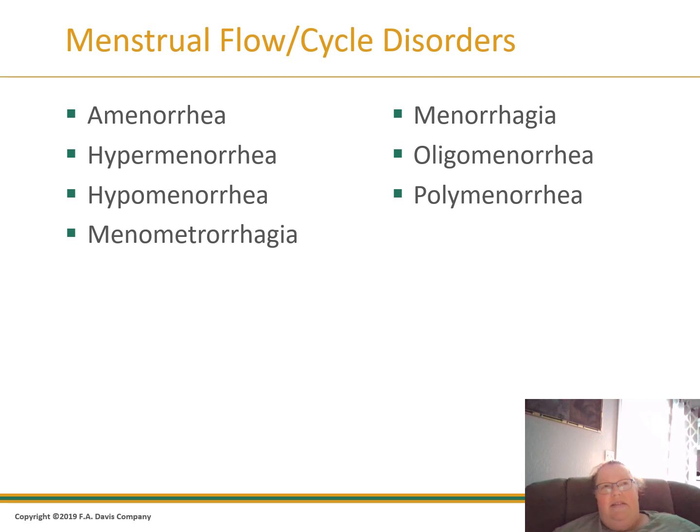But there's such a range when it comes to a cycle. It could be 7 to 14 days long. Somebody told me one time, in order for you to be considered abnormal, you would have to have a menstrual cycle for 15 days a month and be bleeding heavily the entire time.